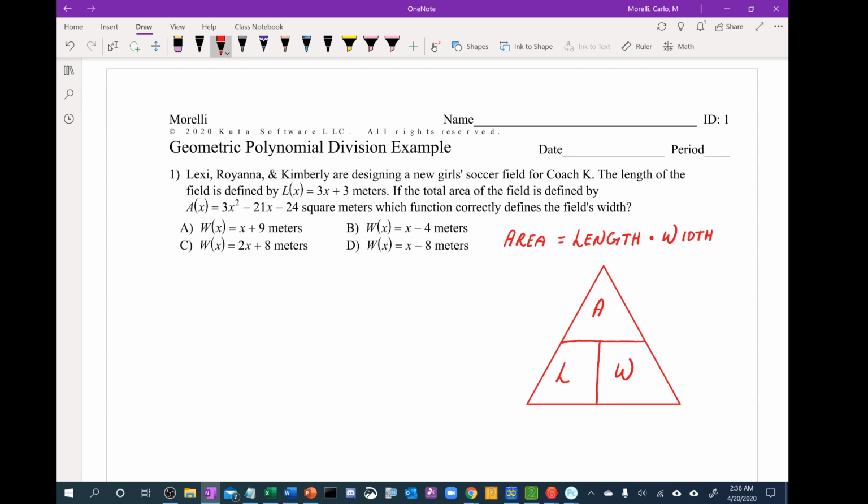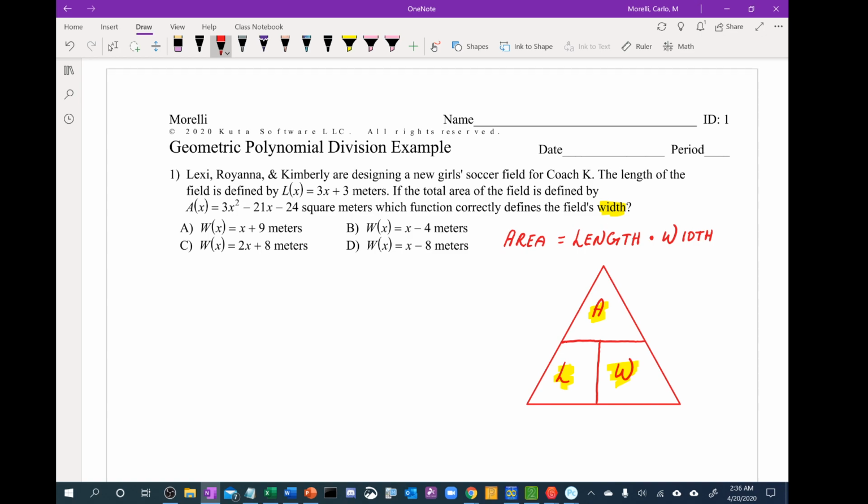As an example, if area equals length times width, length equals area divided by width, and width equals area divided by length. So in this example, what they want us to find is the width. So the version of the formula we need to use is that width is equal to area divided by length. So we'll write that down.